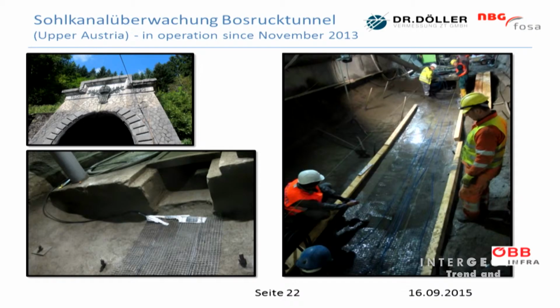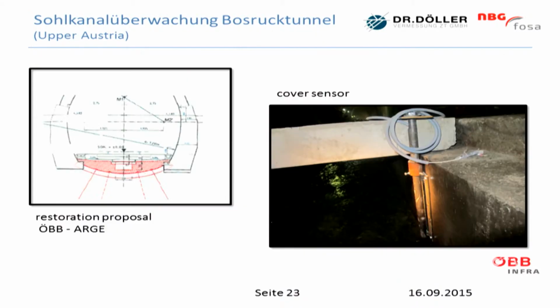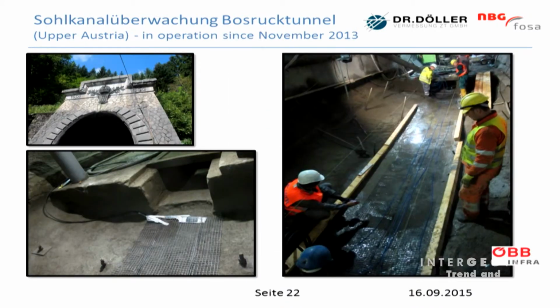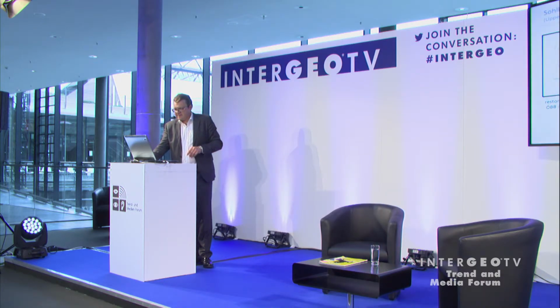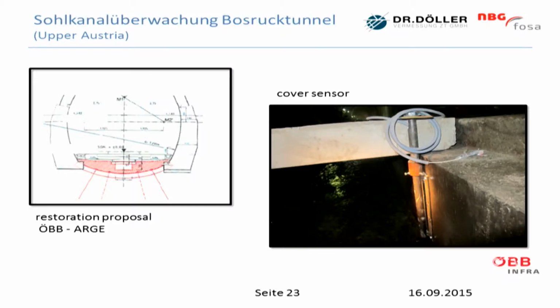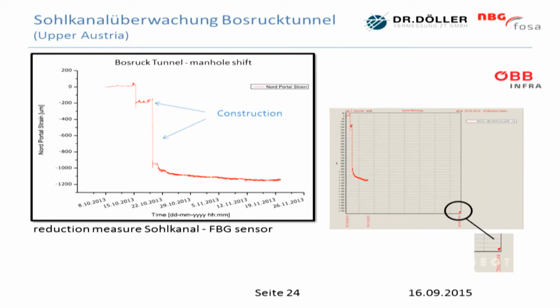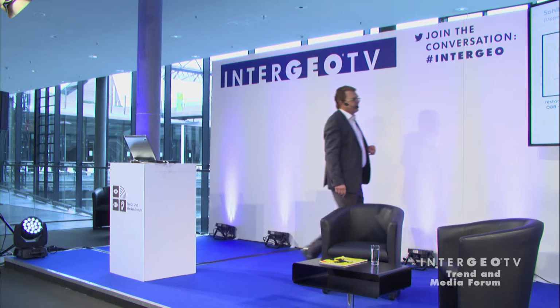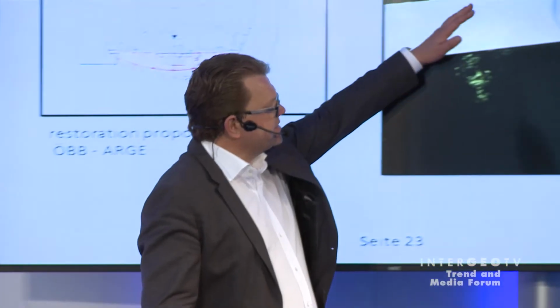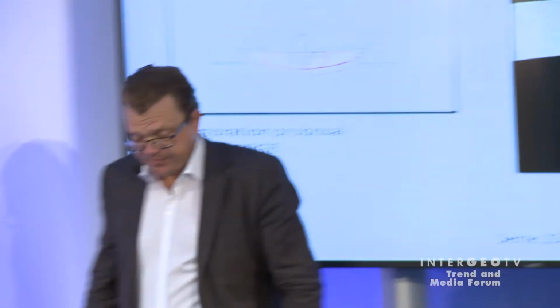Our next project was the bottom phase in the Bosruck tunnel, which we installed during the last renovation phase in November 2013. We installed grids and fiber optic cables in the surface to get the movement of the rocks, and we also installed FBG cover sensors to get the movement and the vibration of these concrete coverages.